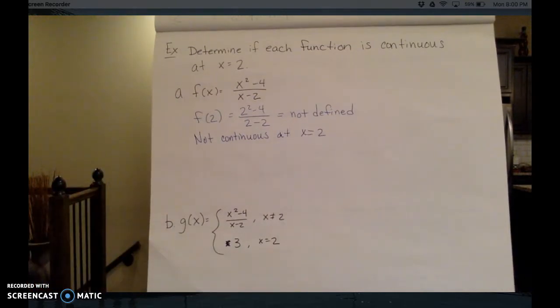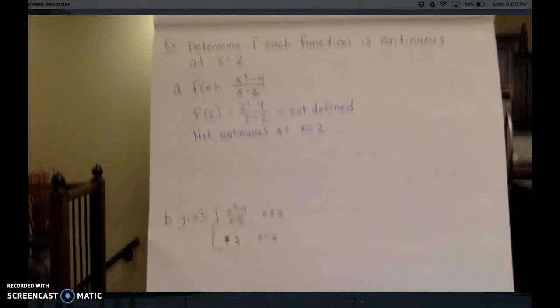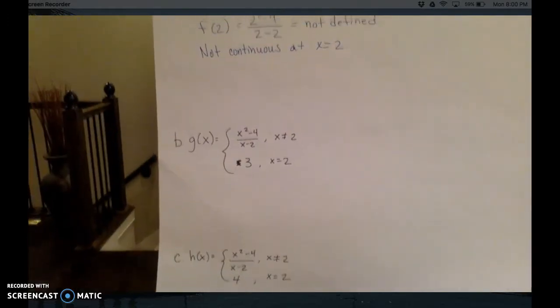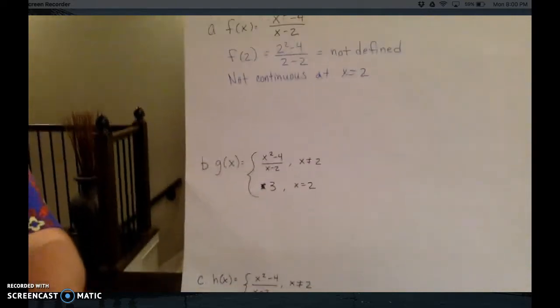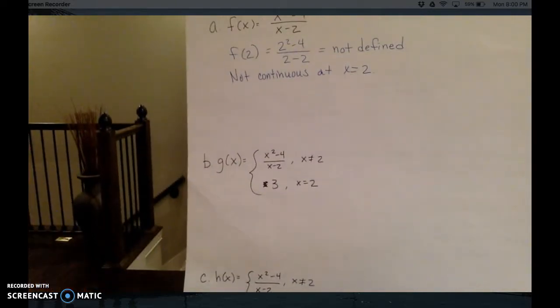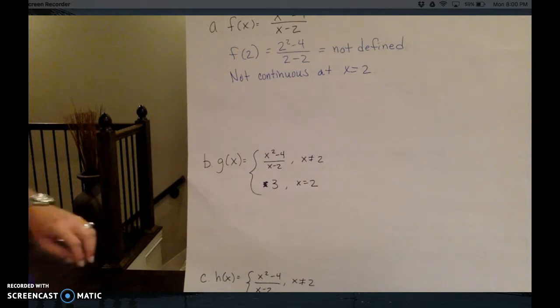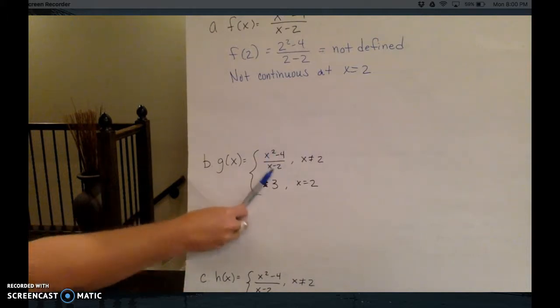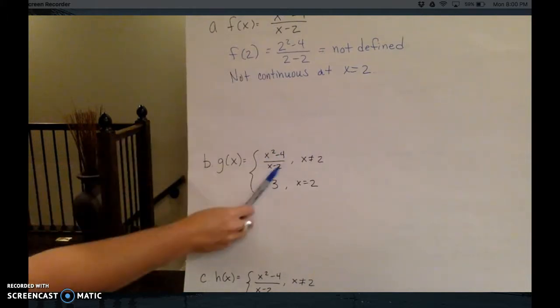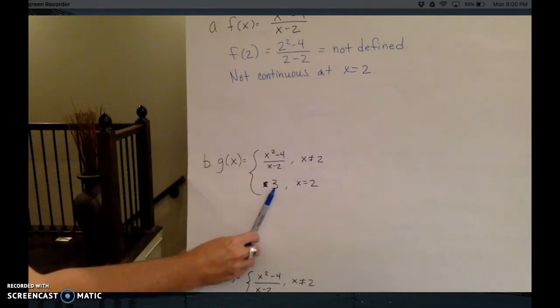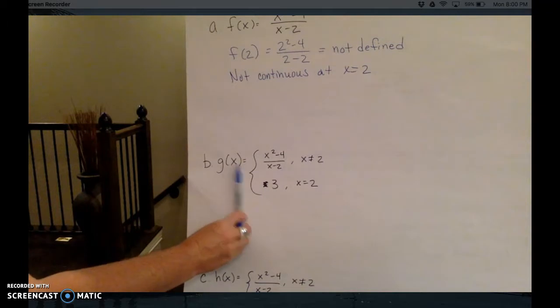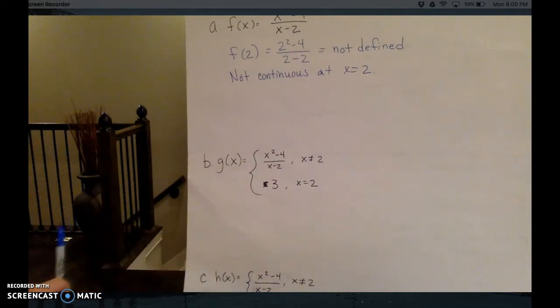All right, next we have g of x down here. We want to know again, is this function continuous at x equals 2? So we need to think about a couple of things. First of all, we need to know if f of 2 is defined. Well, this one's actually quite interesting because we have the same function that we had up here when x is not 2, but we have g of x equals 3 when x is exactly 2.